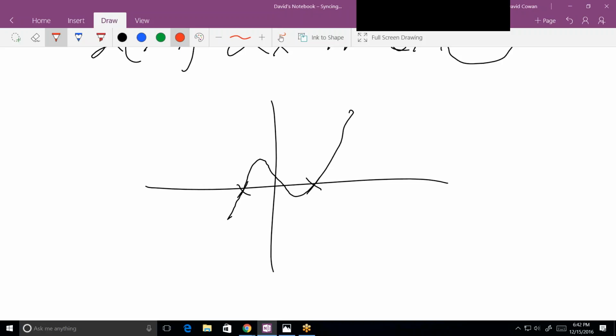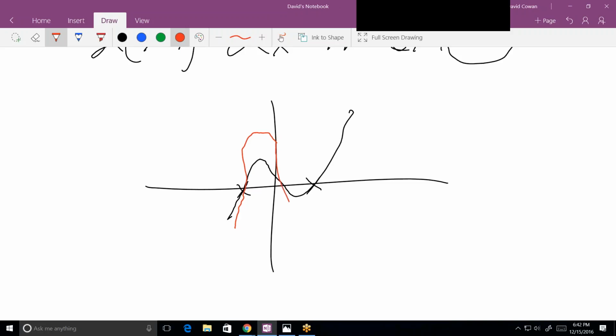Well, if I multiply this function by 2, it's got the same zeros. It's just a vertical stretch, right? Well, I didn't draw it right, but here, let me give it one more shot. It's going to go up twice as high. It's going to go through a higher y-intercept.